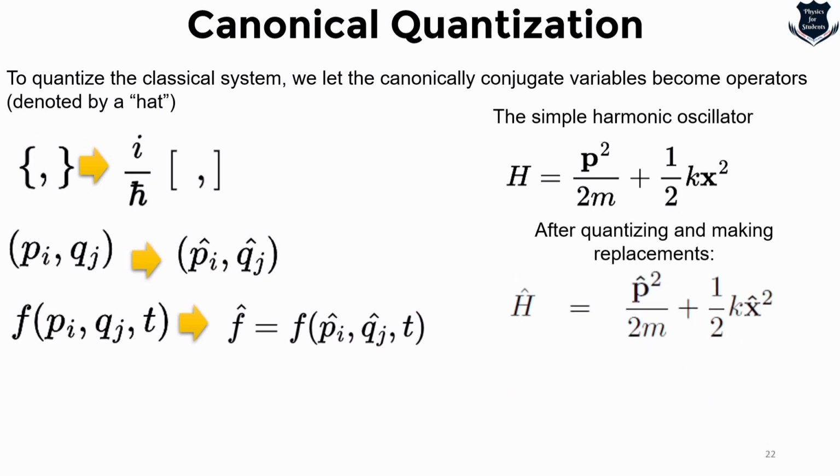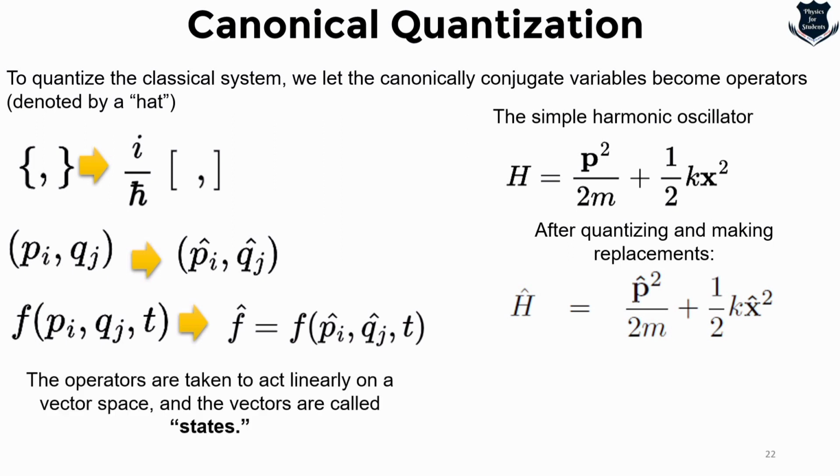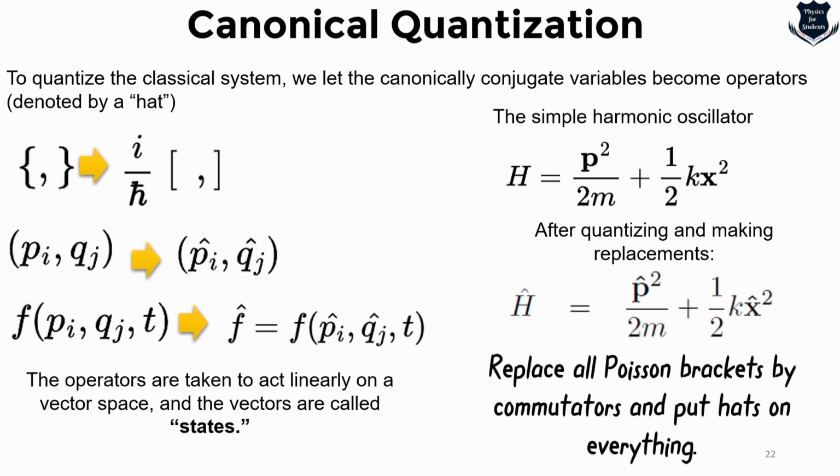Now if I start quantizing, making the replacements with the hats, this is what we will get. This is what we get finally after quantizing and making the replacements. So you see, this is what I was stating: the operators are taken to act linearly on a vector space, and the vectors are now called states. This is often summarized, a little bit technically, like this: we replace all the Poisson brackets by commutators and put a hat sign on everything, and this is the rule which works everywhere.